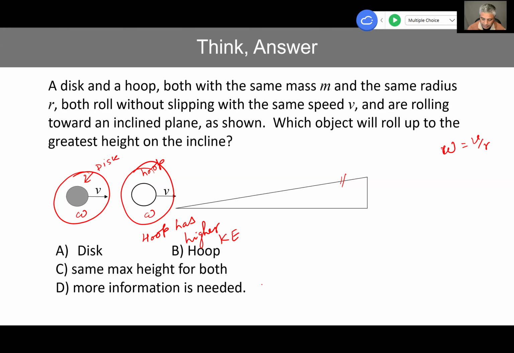Because kinetic energy means half mv squared, which is same for both, plus half I omega squared. See, this is larger for hoop. So that means hoop has higher kinetic energy. So that means it will have higher potential energy.